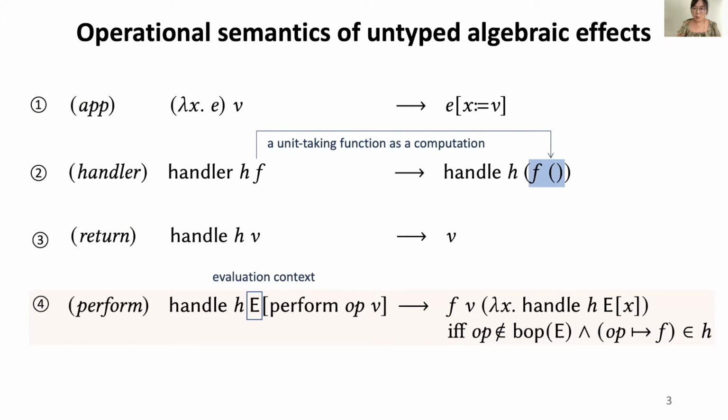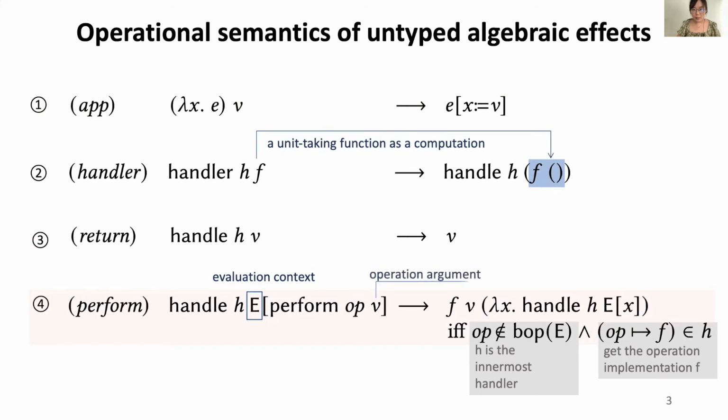Then, how do we know which handler is used to handle this operation? We will need to search through the evaluation context and find the innermost handler that can handle this operation. And we get the operation implementation F. Now we are ready to apply F to the operation argument V as well as a resumption, which captures the whole evaluation context between the handle and the operation call.